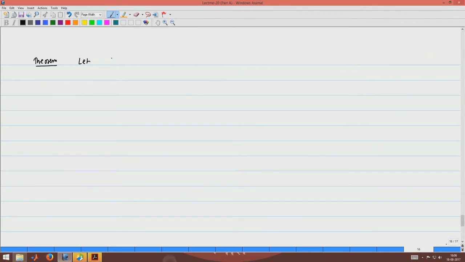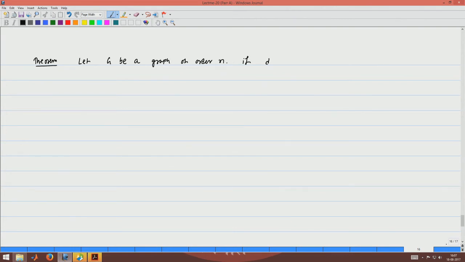Let G be a graph of order n. The graph of order n means it has n vertices.